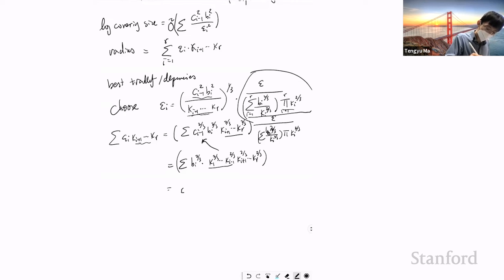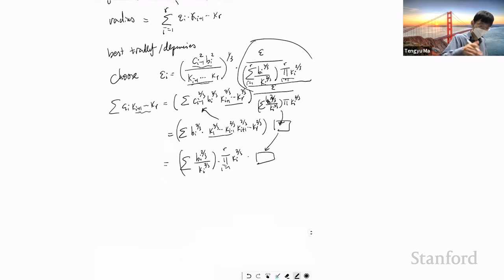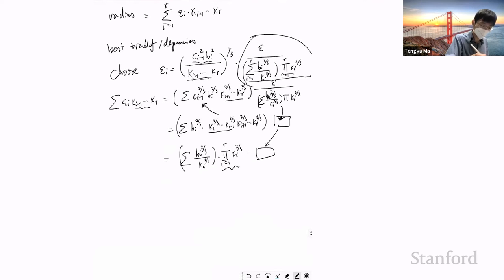And then you still multiply the same thing here. You simplify the first sum, and you can see that the only missing term is kappa_i. So this equals b_i^{2/3} over kappa_i^{2/3} times the product of kappa_i^{2/3}, i from 1 to r, and times this thing. And now let's deal with this thing. You can see that this one cancels with this one, this one cancels with this one, and this one cancels with this one. So you get exactly epsilon.